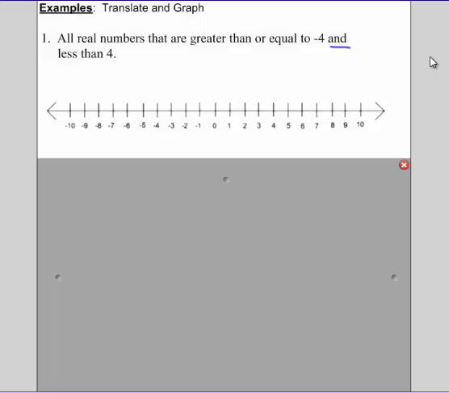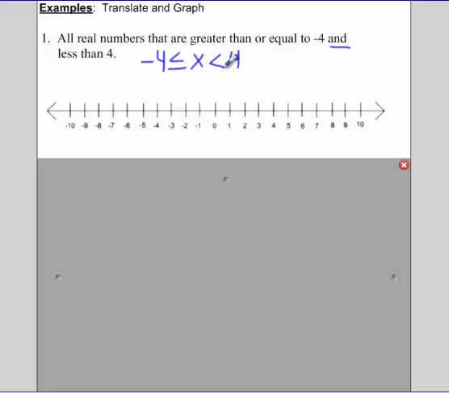The small number goes on the left side of the variable. So -4 goes on the left. And the large number goes on the right side of the variable. +4 goes on the right. The inequalities should always point to the left. So x is greater than or equal to negative 4, and x is less than 4.